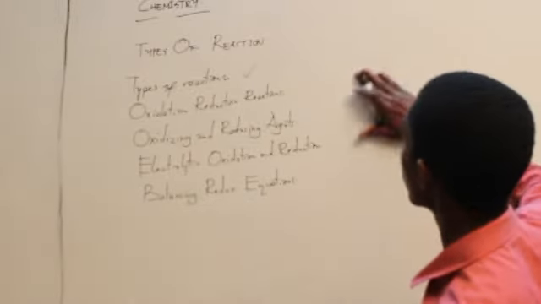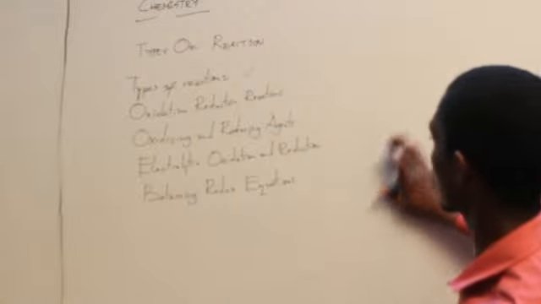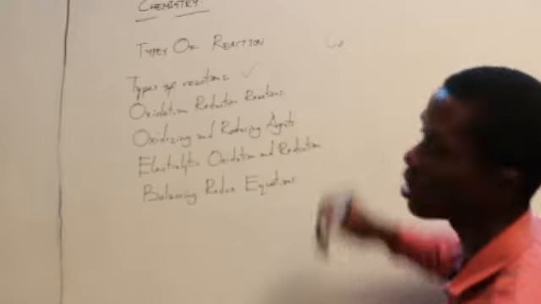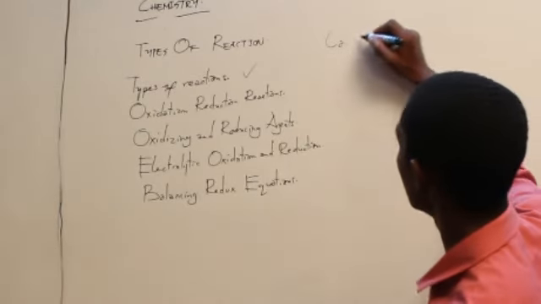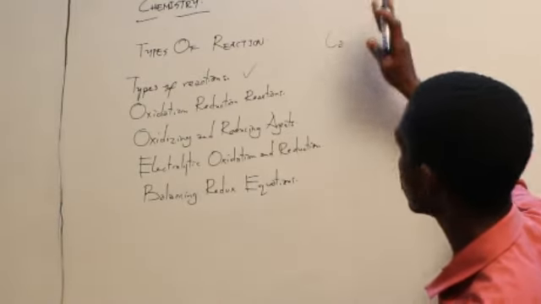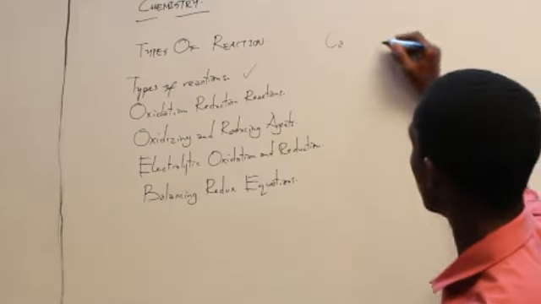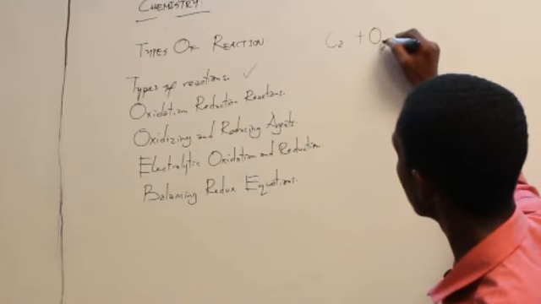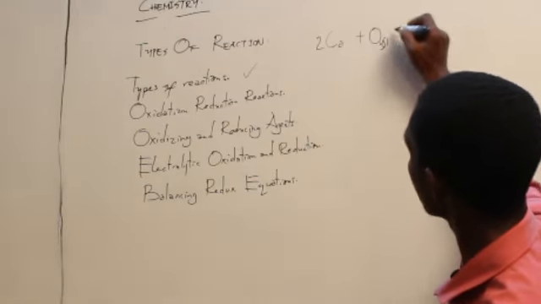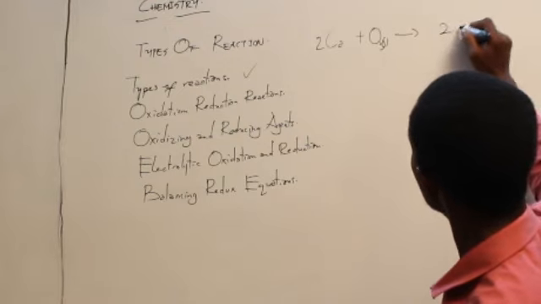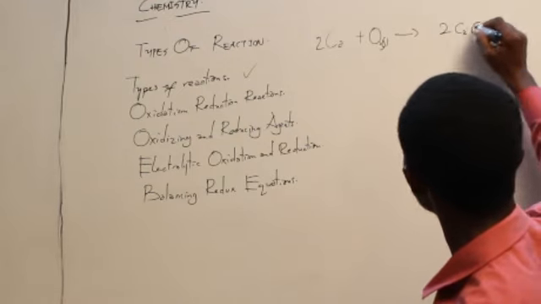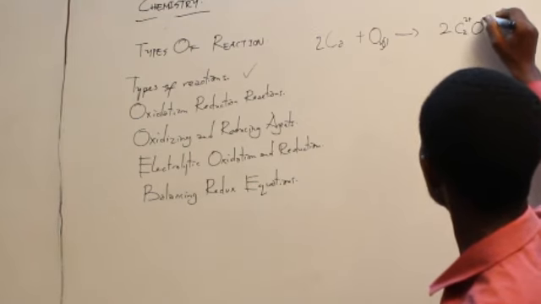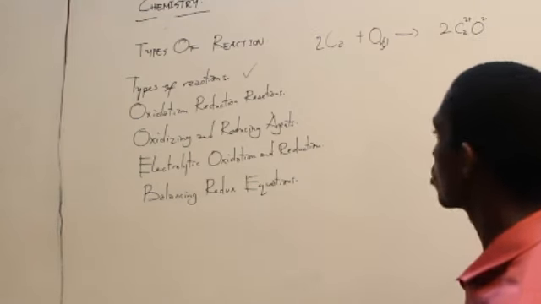What happens when you add oxygen to a particular chemical? Let's say calcium in its natural state. Calcium in its natural state doesn't carry any charge. Then when you expose it to oxygen, it will give you calcium oxide, and now this calcium will be +2 and this will be -2.